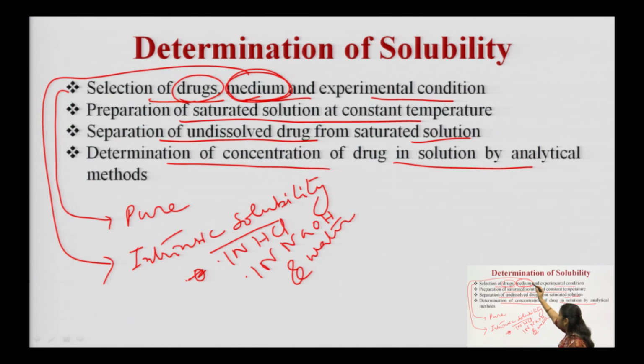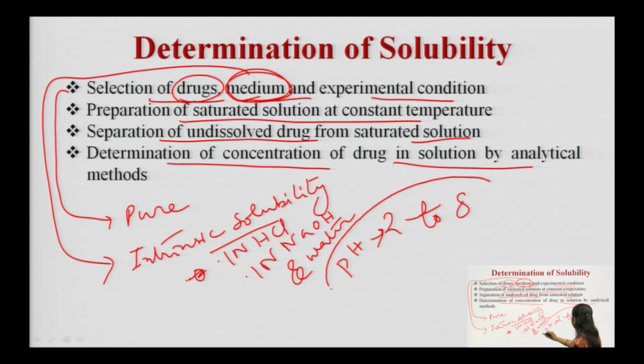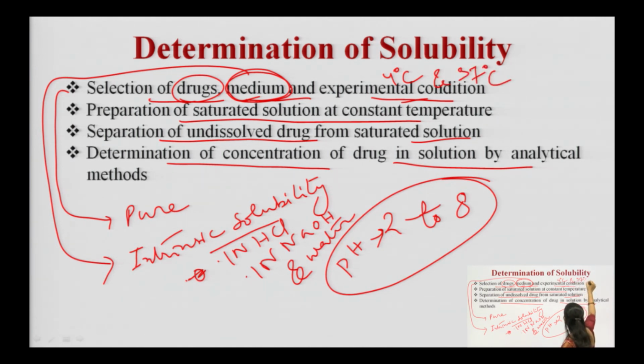And if we want to do biopharmaceutical studies, then we have to study it at pH ranges from 2 to 8. And for experimental condition, we select either 4 degrees Celsius temperature or 37 degrees Celsius. We do it at these two temperatures.